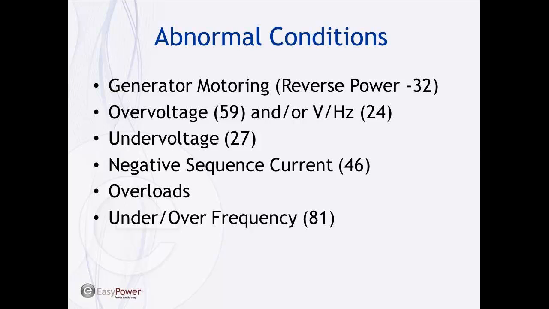Over voltage and/or volts per hertz, under voltage, negative sequence current, which is related to imbalance or phase-to-phase faults, and that can be particularly damaging to the rotor of a synchronous machine. Overloading of the generator, and then over and under frequency. And we'll look at how we protect against those and why it's a concern.